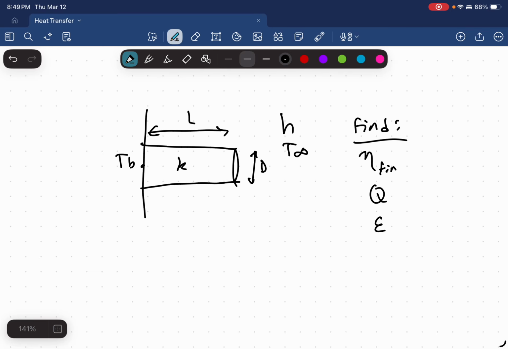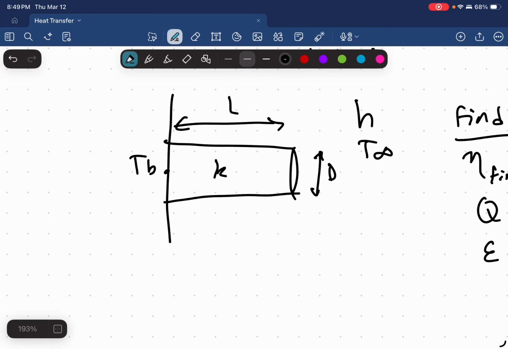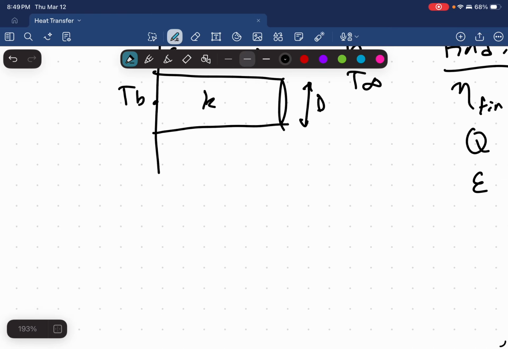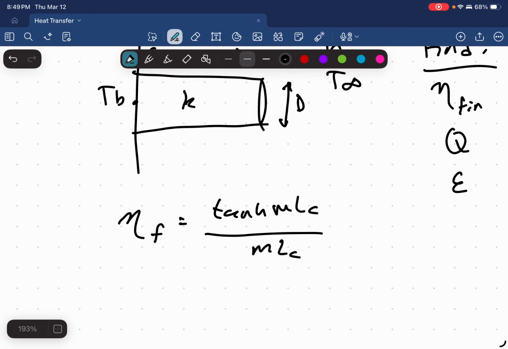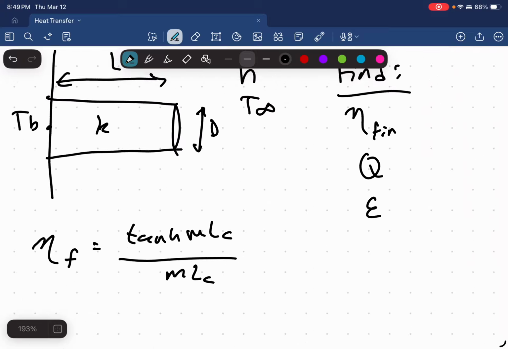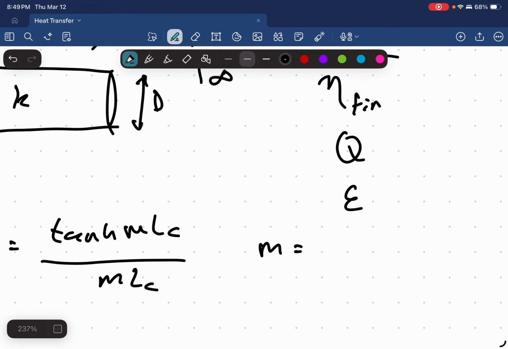So let's start with the efficiency of the fin. If this fin is adiabatic, that means on your formula sheet there's going to be an expression for efficiency. That's going to be the hyperbolic tangent of m times the characteristic length, divided by m times the characteristic length. This m variable comes from your equation sheet.